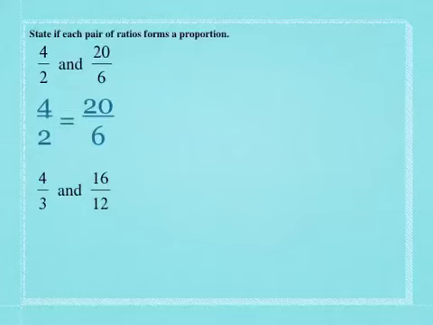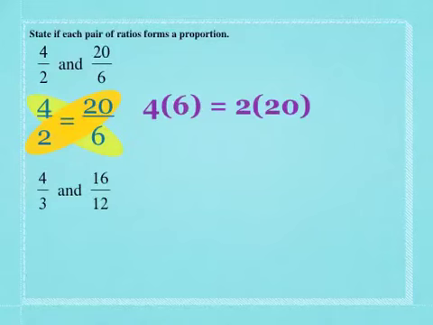They might not be proportional. And to cross multiply here, I'm going to multiply 4 times 6 and 20 times 2. So I have 4 times 6 equals 2 times 20. Well, 4 times 6 is 24, and 2 times 20 is 40. So 4 over 2 and 20 over 6 are not proportional.